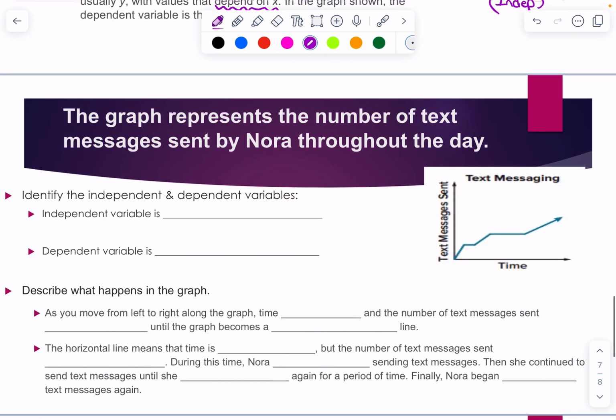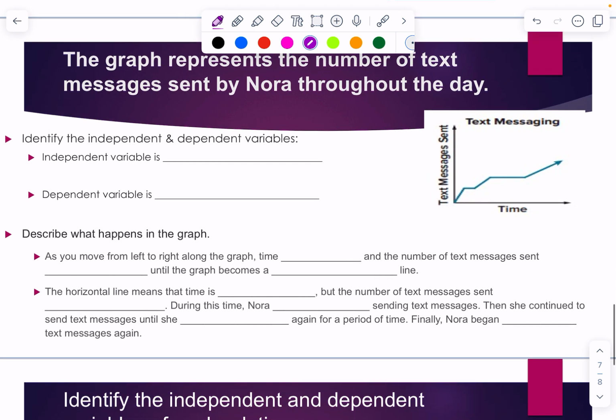Okay, so if we take a look at this one, the graph represents the number of text messages sent by Nora throughout the day. So when I look, identify the independent and dependent variables. So here is text messages sent dependent on the time of day, or is the time of day depending on the text messages sent?